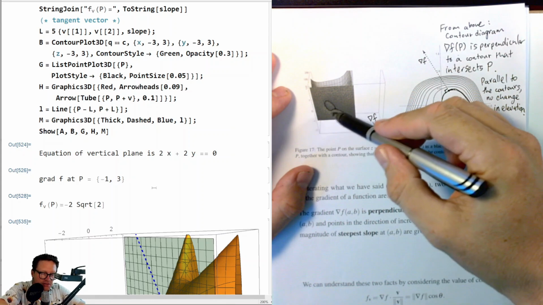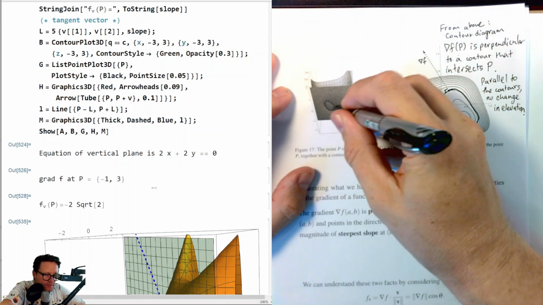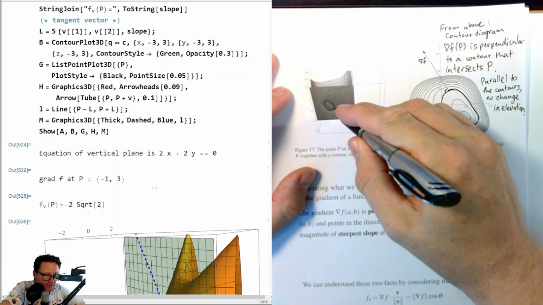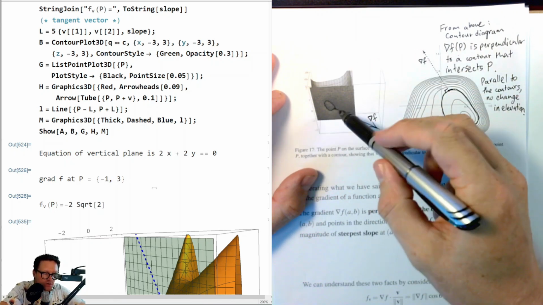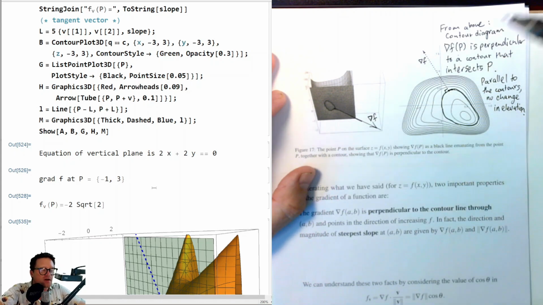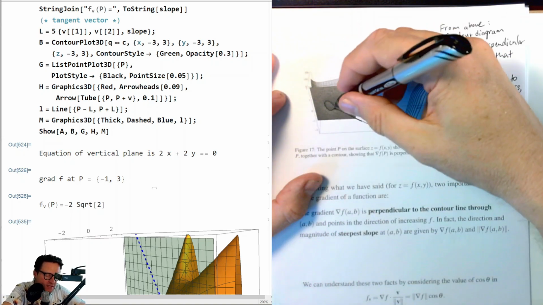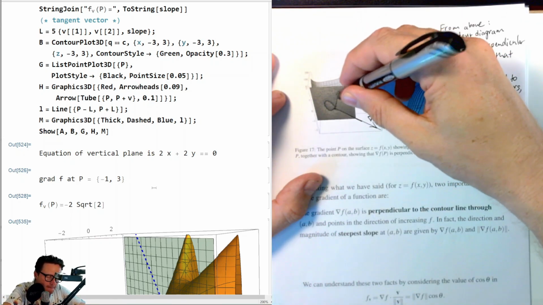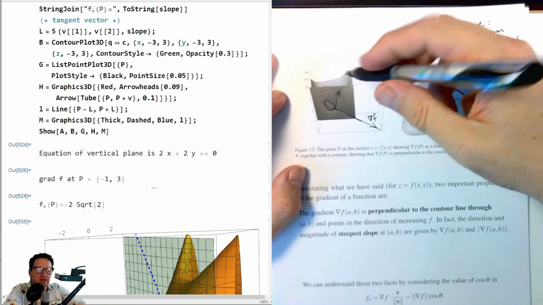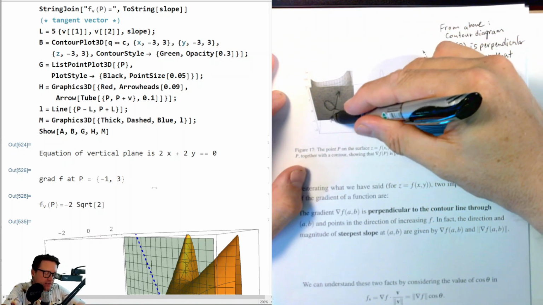Okay, so this tells you again, and it's this arrow here, grad f, is perpendicular to the contour, but it tells you which direction to go in order to ascend, go up the function most rapidly. All right, now perpendicular to that would be no change happening there in this direction or in this direction.